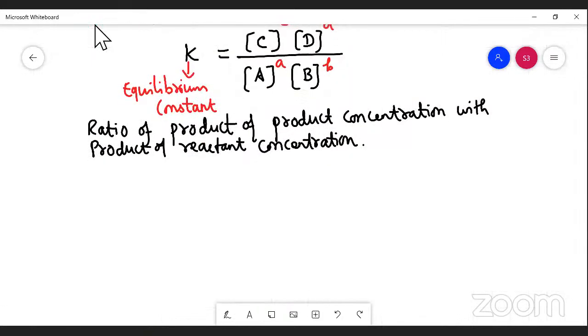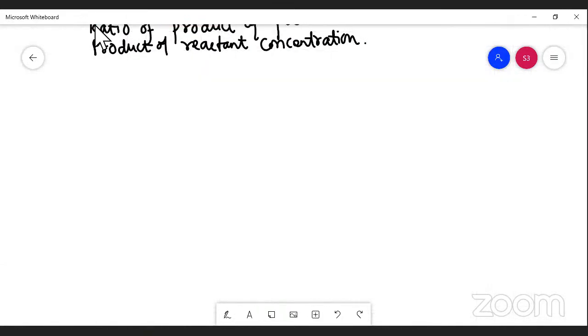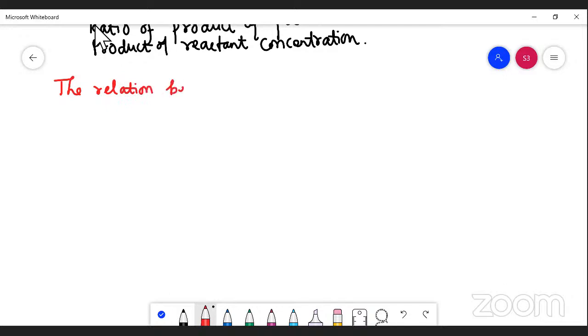First of all, if you want to explain the Van't Hoff equation, we should be very clear about what is called the standard free energy, and the relation between the standard free energy change and the equilibrium constant.